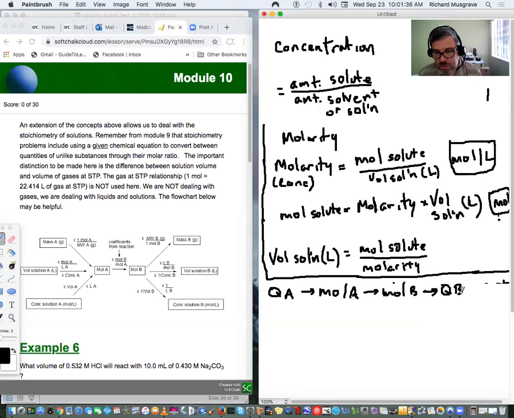Now the quantities we're dealing with here are a little different than what we were dealing with the other day because we are dealing with solutions. So we are dealing with grams. We could also deal with volume in liters. And we can also deal with concentration, which is of course in moles per liter.